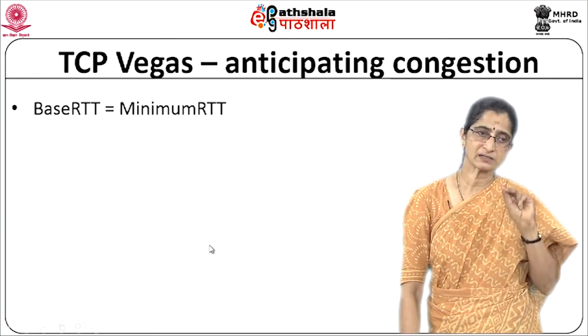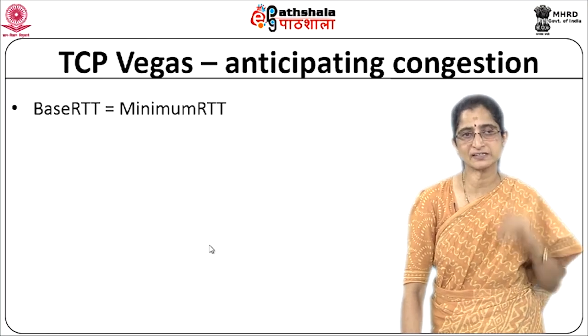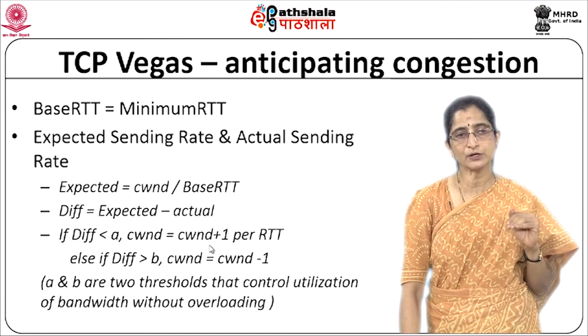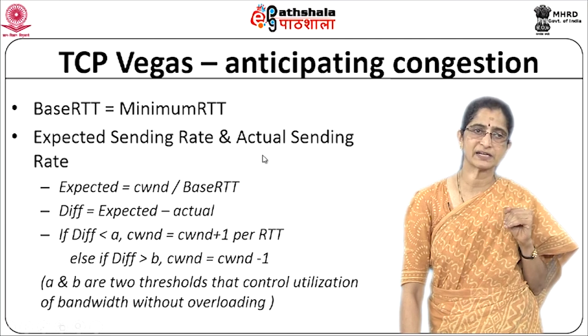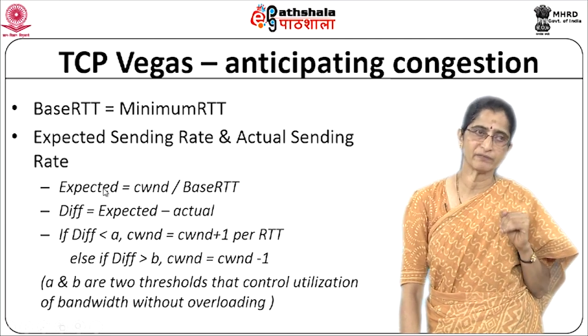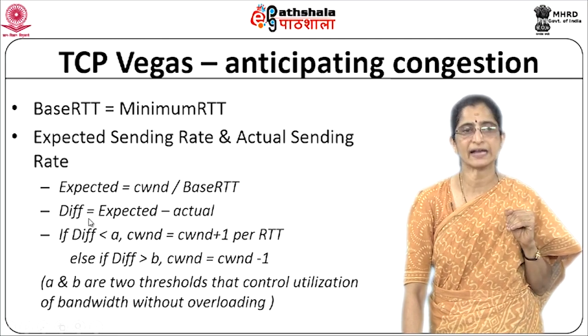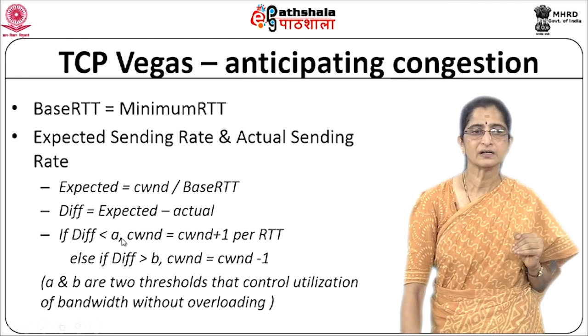It finds the actual measured minimum RTT, sets that as the base RTT, and then uses the expected sending rate and calculates the actual sending rate. How do I calculate the expected sending rate? This is the congestion window divided by base RTT, and you calculate the difference between the expected sending rate and the actual sending rate. If this difference is between two thresholds A and B, then everything is fine.